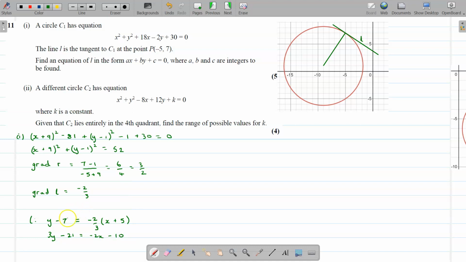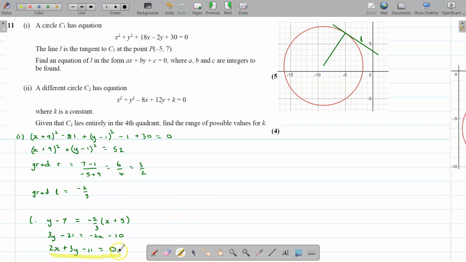And finally, if you just reorder that, you get 2x plus 3y minus 11 equals 0. And that answers the first part of the question, which is to find an equation for the line L. And that's in the form ax plus by plus c equals 0, which is what they normally ask for.